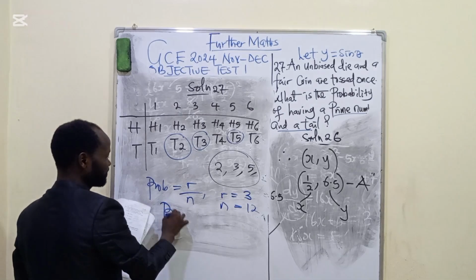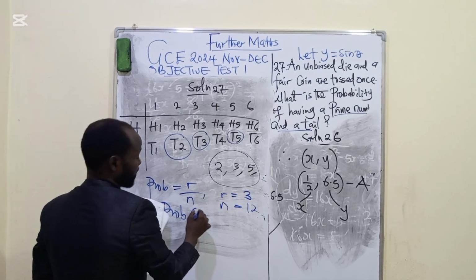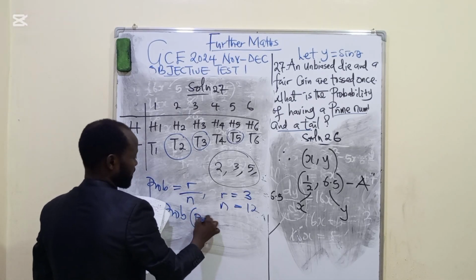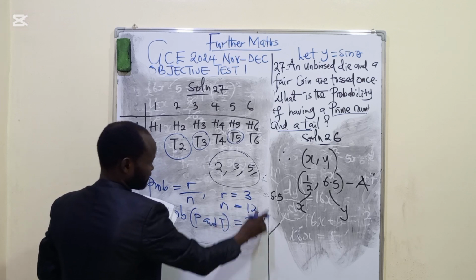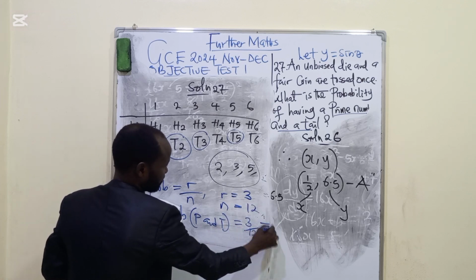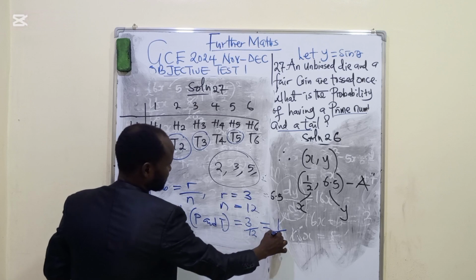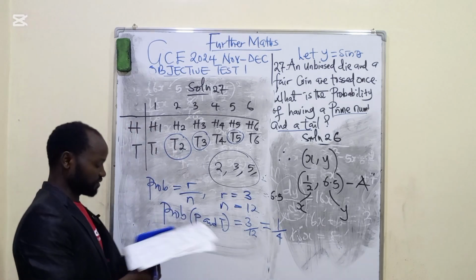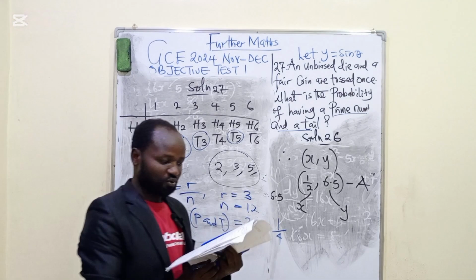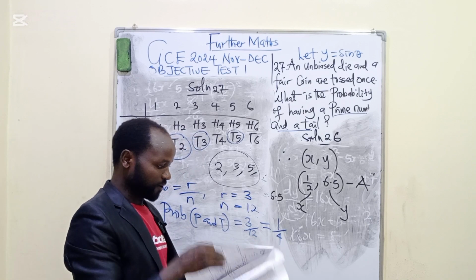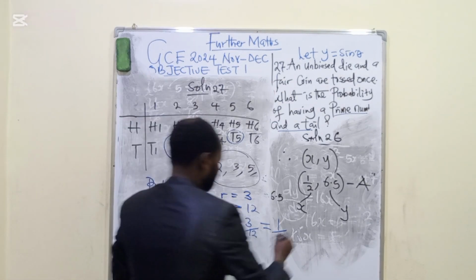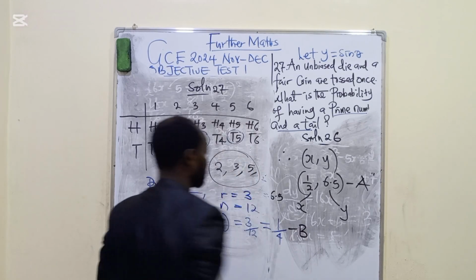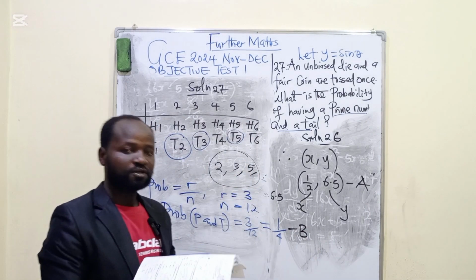The probability of a prime number and a tail will be 3 divided by 12. And 3 divided by 12 is nothing but 1 over 4. So the correct answer is 1 over 4, which is option B. That's the correct answer.